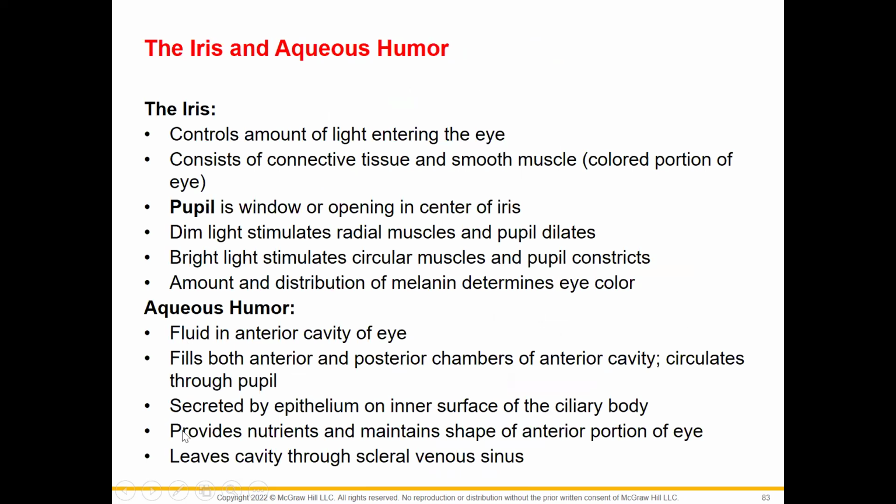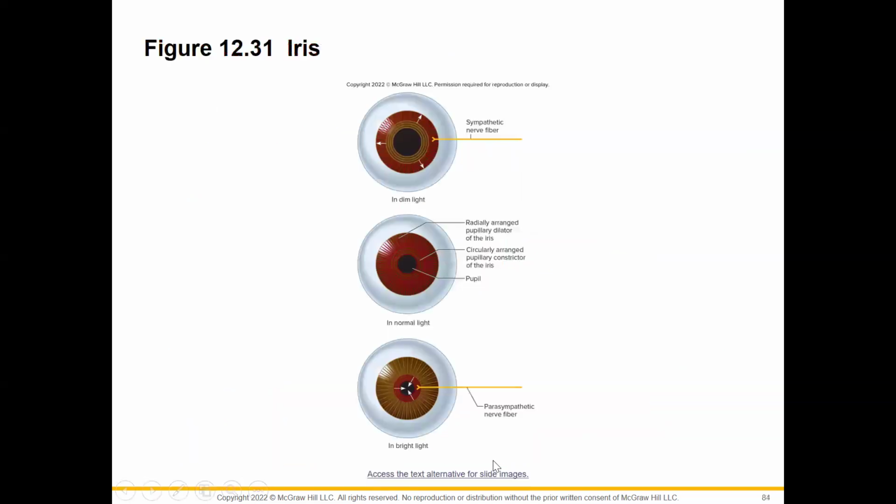The aqueous humor provides nutrients and maintains the shape of the anterior portion of the eye, and it leaves the cavity through the sclerovenous sinus. So in order for this fluid to drain and to recirculate, to get filtered and clean, to get new nutrients, it leaves the anterior cavity through the sclerovenous sinus.